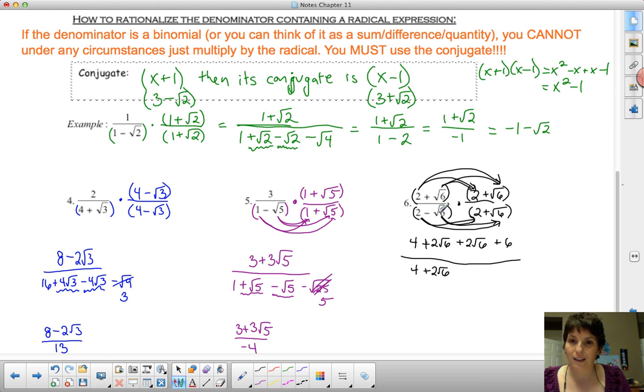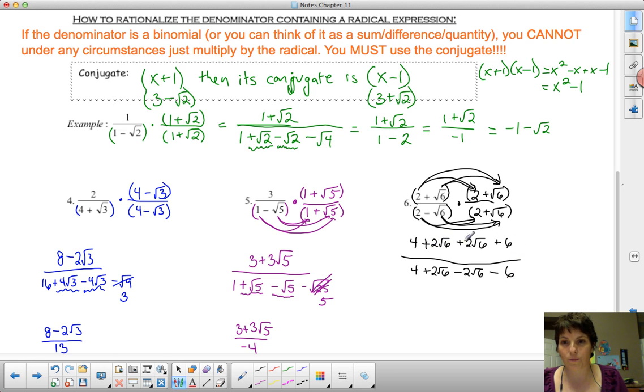Negative root 6 times 2, so negative 2 root 6, and a negative root 6 times a positive root 6 will give us a negative square root of 36, which is 6. Now we can combine like terms.